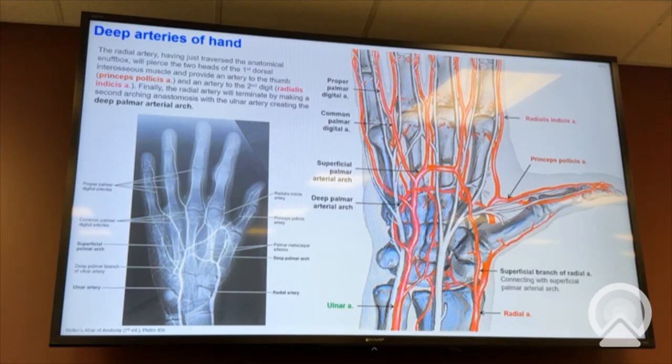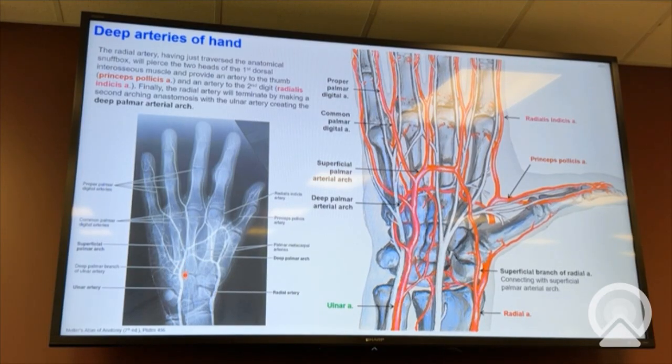Recall that the superficial palmar arterial arch will be the one that generates the common palmar digitals and ultimately the proper palmar digitals. So this is an angiogram here so you can see this. So here's our superficial arch and here's the deep arch.